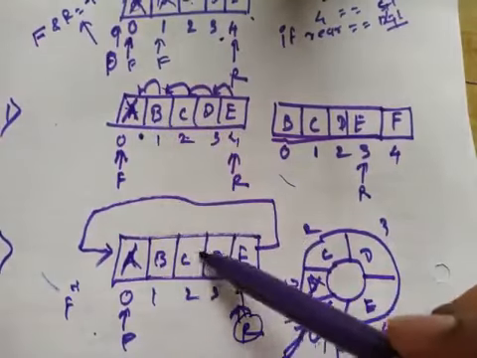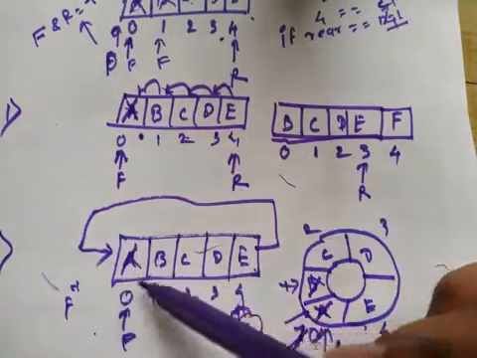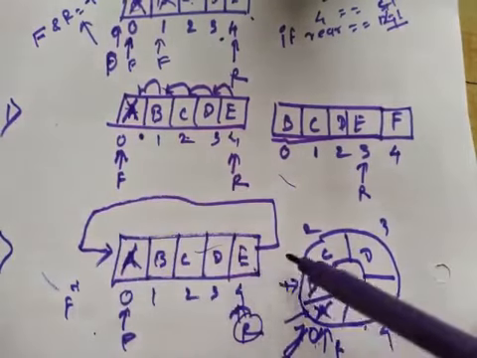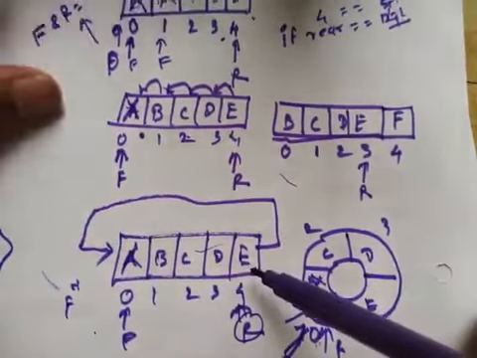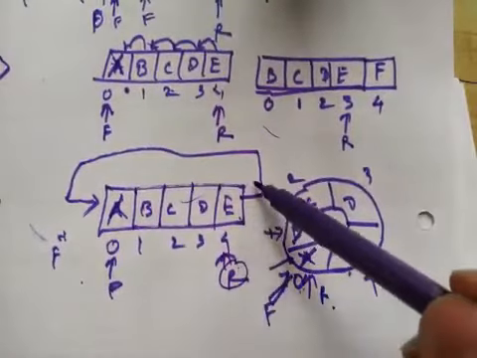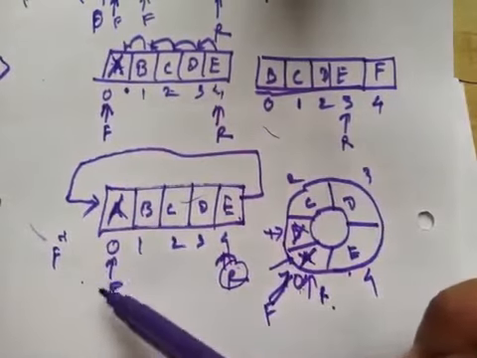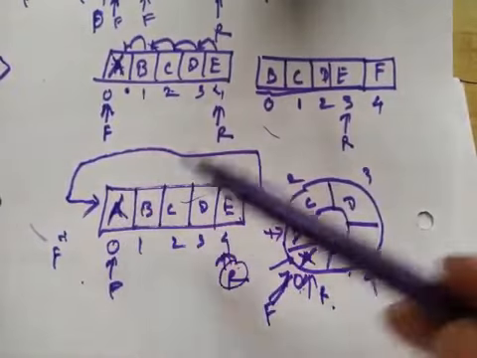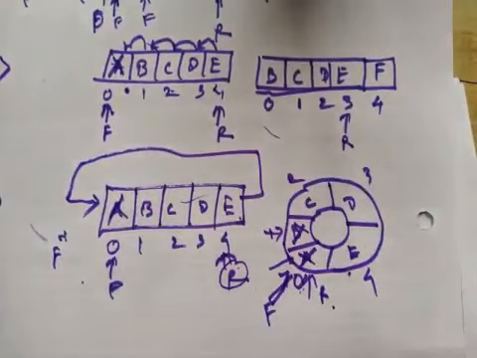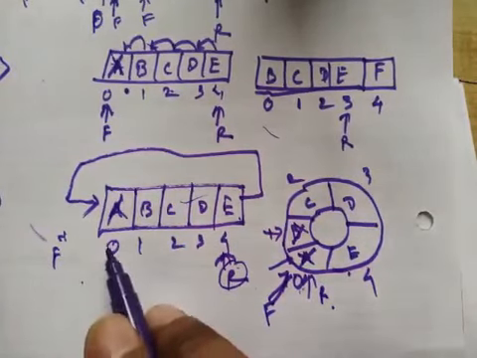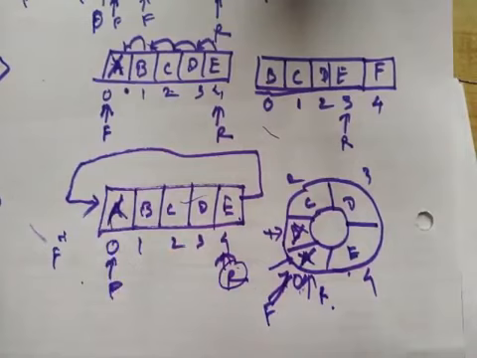Or the other is to create a circular queue, meaning whenever your rear reaches the maximum size of your queue, it will automatically shift to index 0, if that index 0 location is available, meaning it is empty, a vacant place. If index 0 is vacant, we can insert an element there. So this is the circular queue.